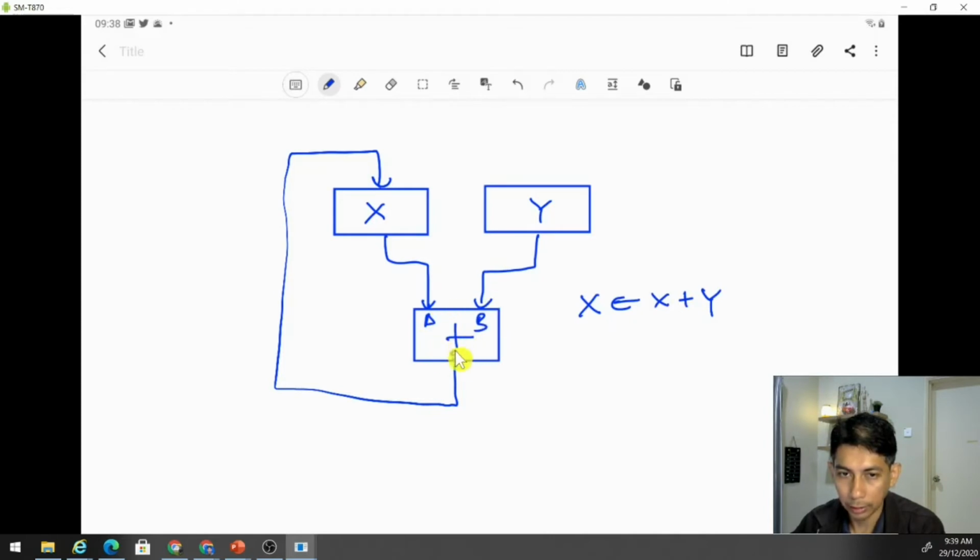We add, and the result goes to register X. So this should be the circuit for this operation.